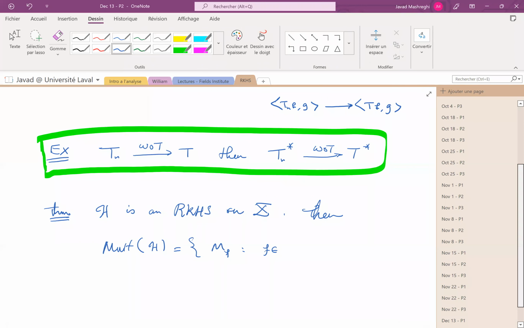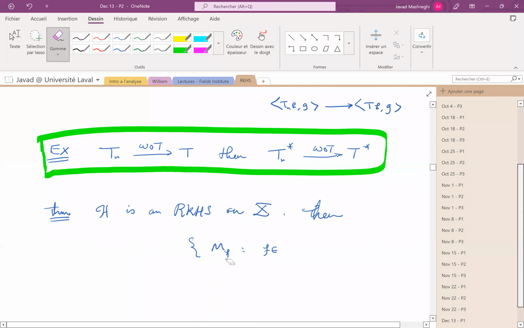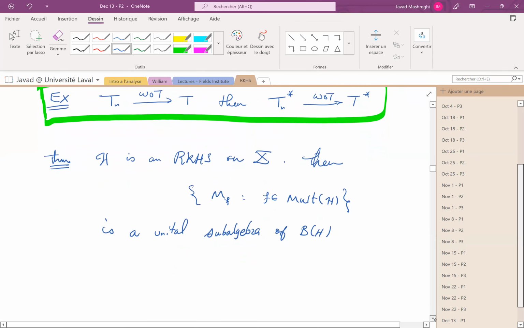Don't fall into this mistake. Mult H is used for the set of functions, so it's not a good notation here. The set of operators M_f, such that f is in Mult H, is a unital subalgebra of B of H. Up to here, we already know that.